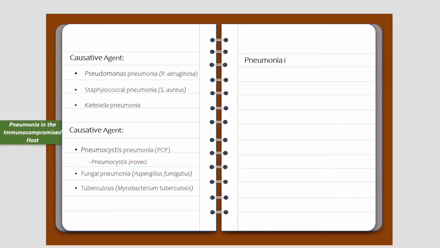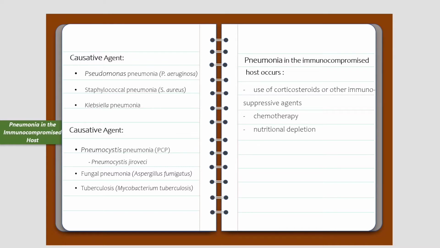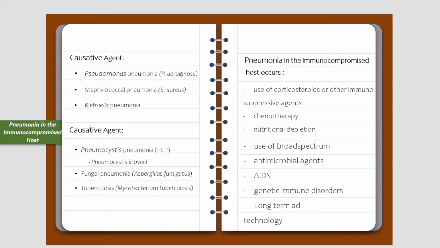Pneumonia in the immunocompromised host occurs with the use of corticosteroids or other immunosuppressive agents, chemotherapy, nutritional depletion, use of broad-spectrum antimicrobial agents, acquired immune deficiency syndrome or AIDS, genetic immune disorders, and long-term advanced life support technology or mechanical ventilation.